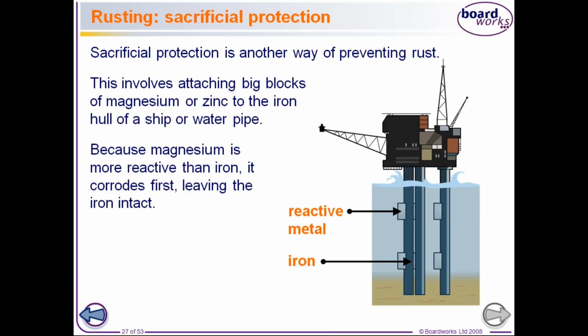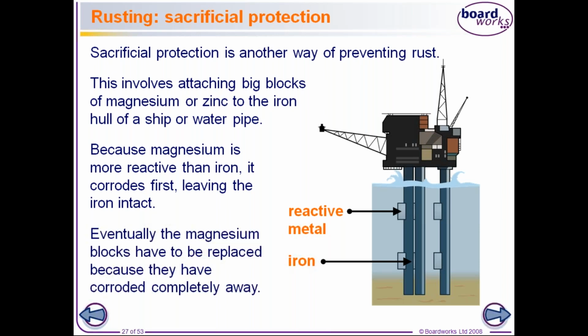So when iron is coated with magnesium and zinc, iron is protected from rusting because the more reactive ones, zinc and magnesium, are going to corrode first, and iron will not. After some time, this corroded zinc and magnesium need to be changed, but our main metal, iron, is left without rusting.